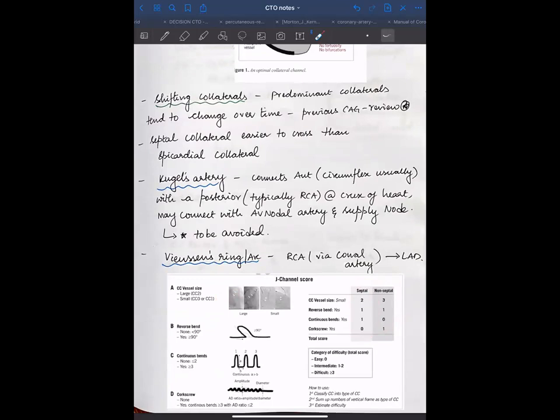Also there is tortuosity and the corkscrew type, where they mention continuous bends with an A/D ratio less than 2. Remember that if it is anatomically difficult, you get a higher score. Easy is 0, and intermediate easy would be an optimal collateral channel. Intermediate is 1 to 2, and for difficult, the retrograde approach should not be attempted.